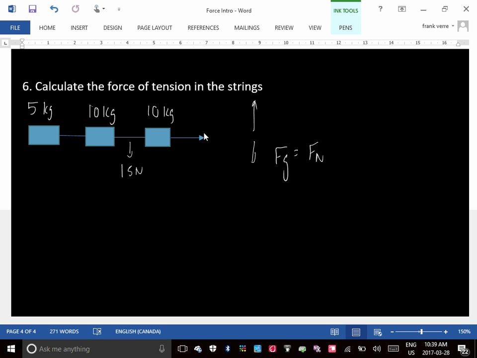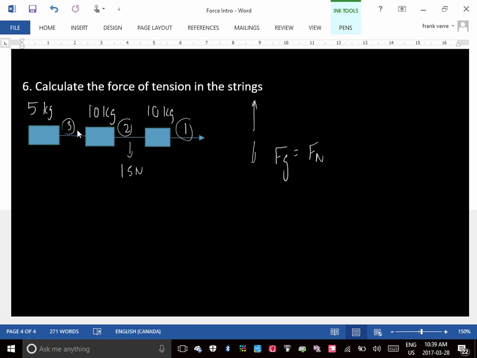And what you have is 3 masses, and you can see that there are 3 strings. By the way, I'm going to label this the first string, second string, and there's the third string. Let me ask you a question.